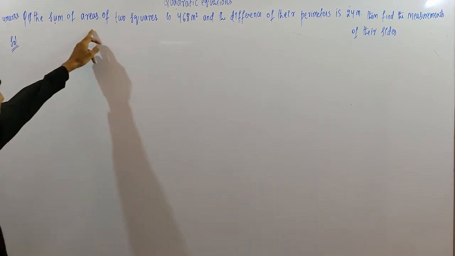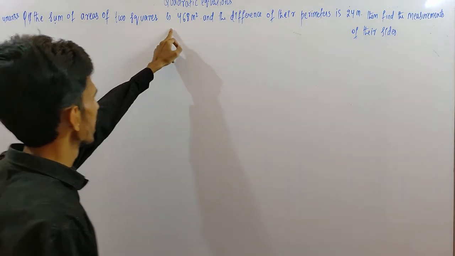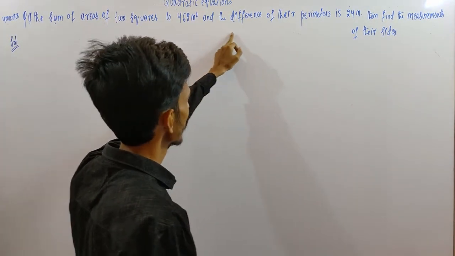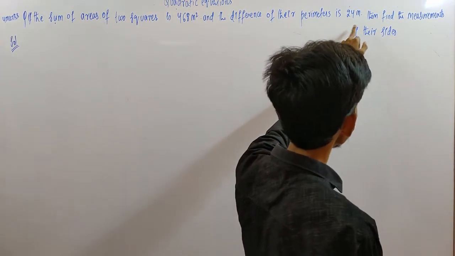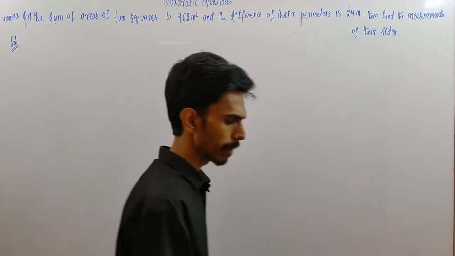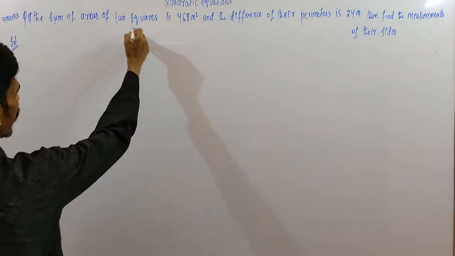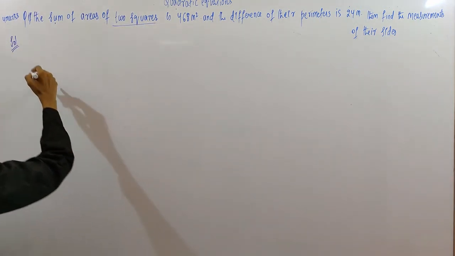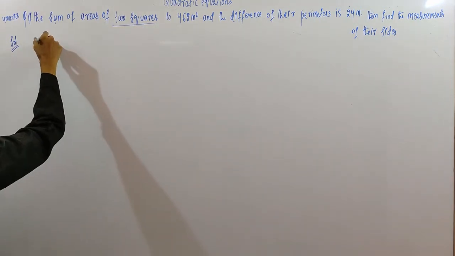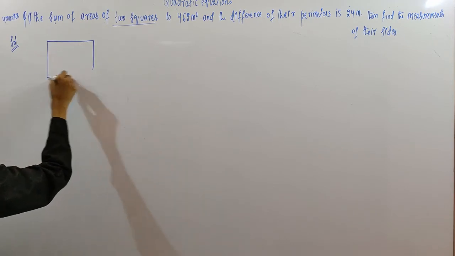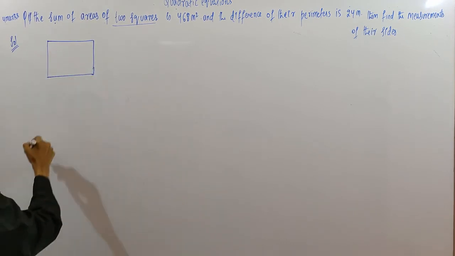If the sum of areas of two squares is 468 meter square and the difference of their perimeter is 24 meter, then find the measurement of their sides. Okay, we have two squares. This is square 1.